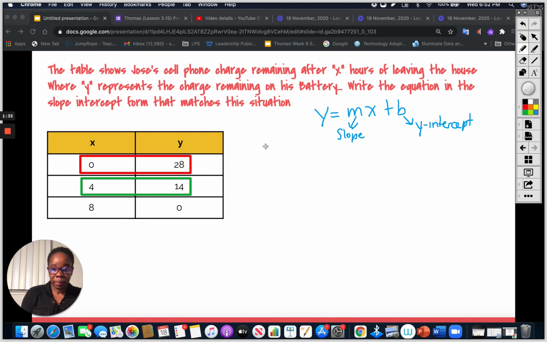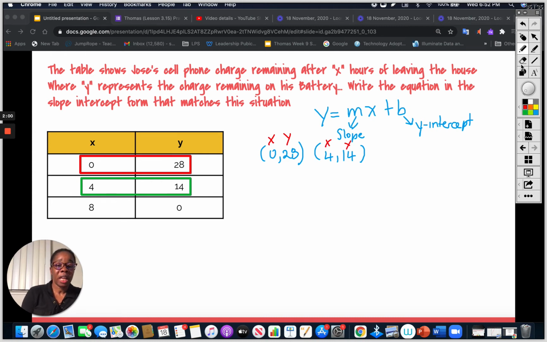And we're going to write those down. So that is point 1, (0, 28), and point 2, (4, 14). And just a quick reminder for us, the first coordinate is our x, the second is y: x, y.